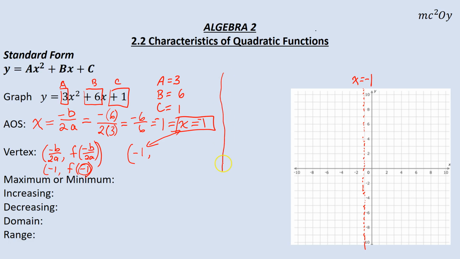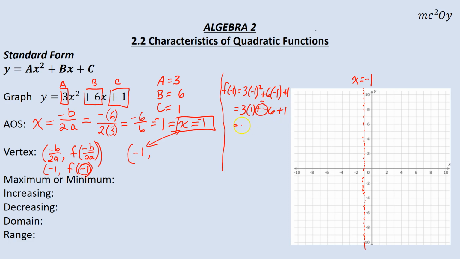I'll say, well, f of negative 1 is equal to 3 times negative 1 squared plus 6 times negative 1 plus 1. Okay? And then I do the math, I get 3 times 1. Note you actually square and then multiply by 3, plus negative 6 plus 1, which really just means minus 6, right?